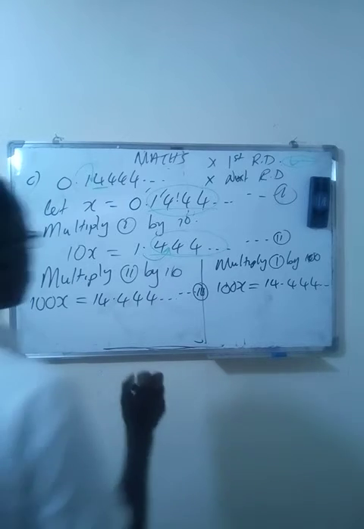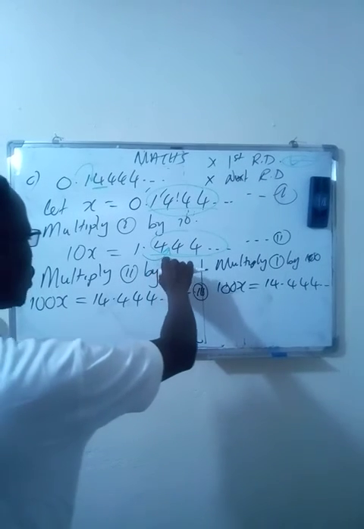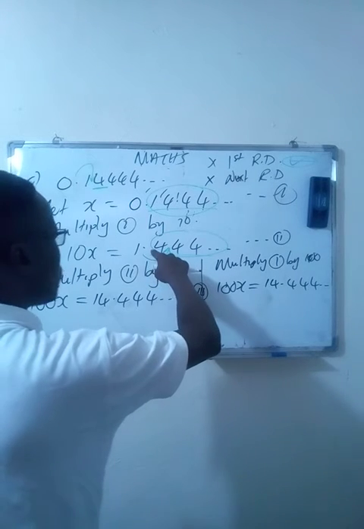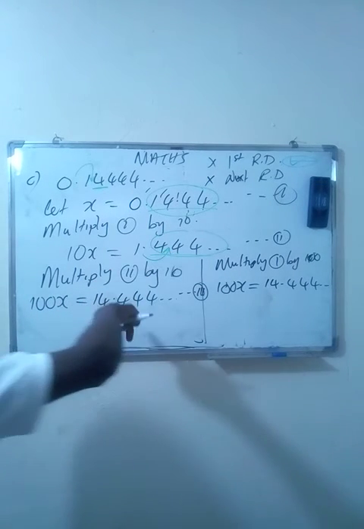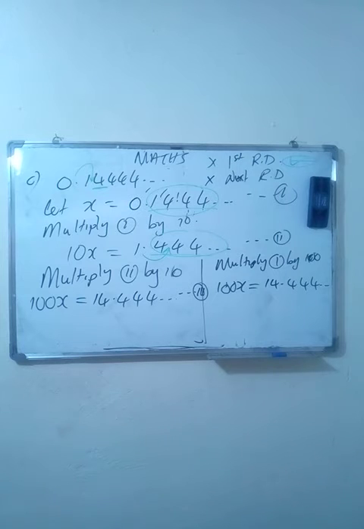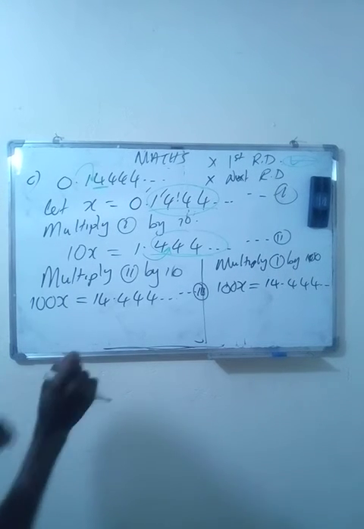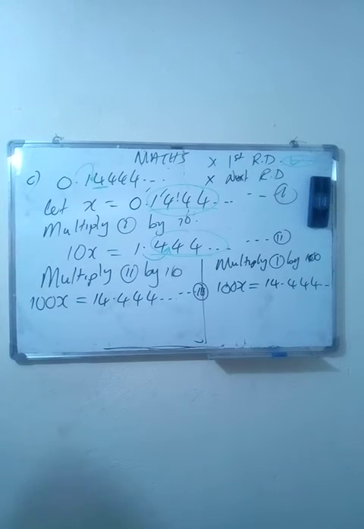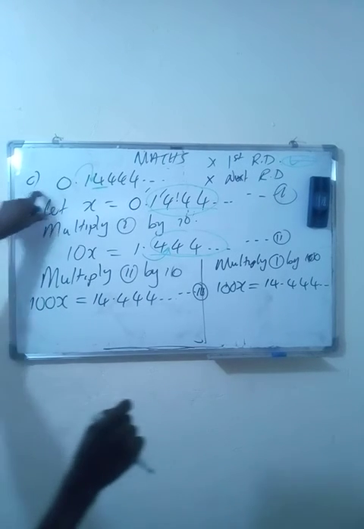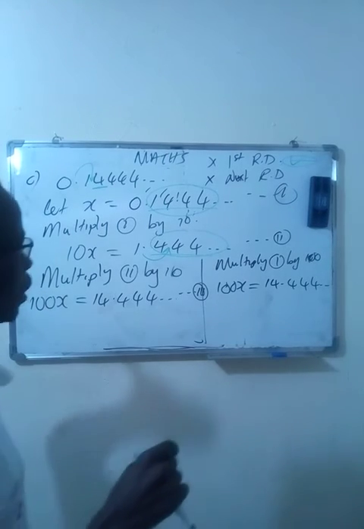So at this point, since you have one of the equations with the decimal point at the first repeating decimal, and another equation at the next repeating decimal, then you can subtract the one with the decimal point at the first repeating decimal from the one with the decimal point at the next repeating decimal. In this case, we are not going to use equation 1. We are instead going to use equation 2 and equation 3.